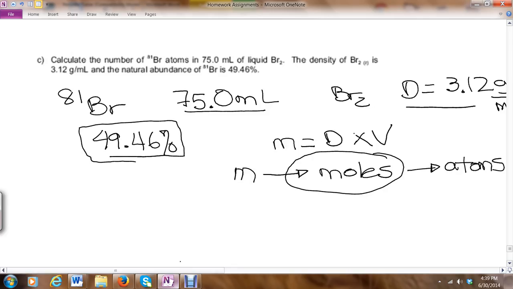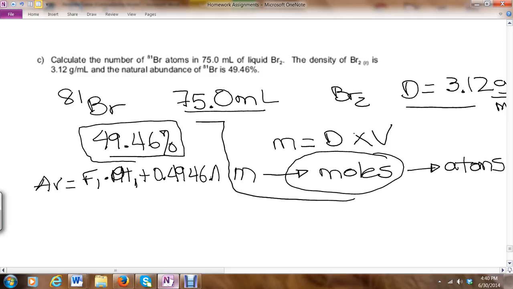So what do you have to do? Do you remember that the isotope average mass is the fraction of the first isotope multiplied by its atomic weight, plus the fraction of the second one, 0.4946, multiplied by the atomic weight of the second isotope? This is what you need to find out to convert mass to mole, because they're only asking you for 81.